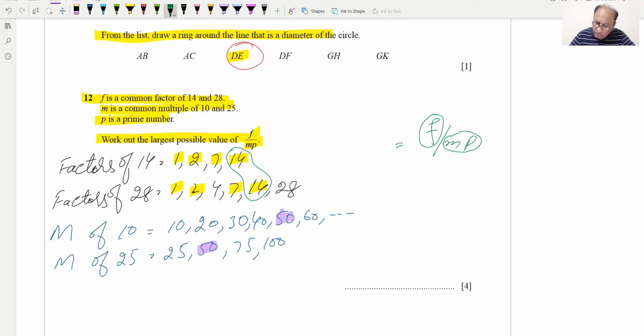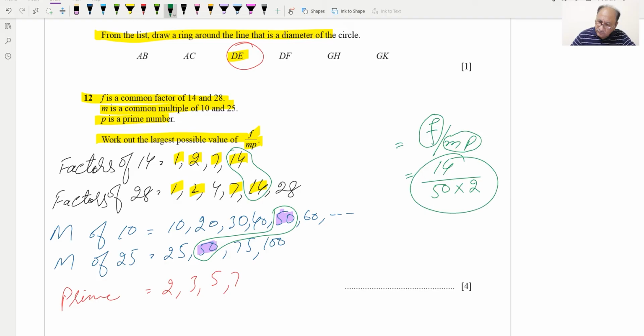So it will be 14 divided by the smallest value of M and smallest value of P. The smallest value of M is 50, so we can write 50 here. The smallest value of P we need to check, that is a prime number. Prime numbers will be 2, 3, 5, 7 like that. So the smallest one will be 2.